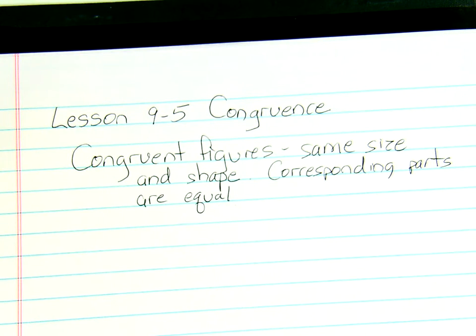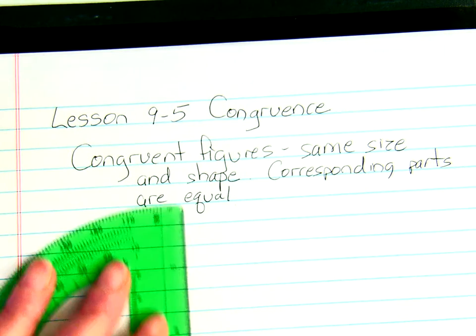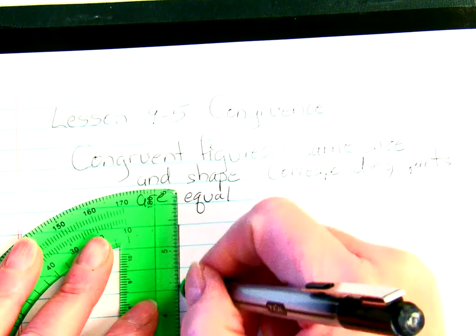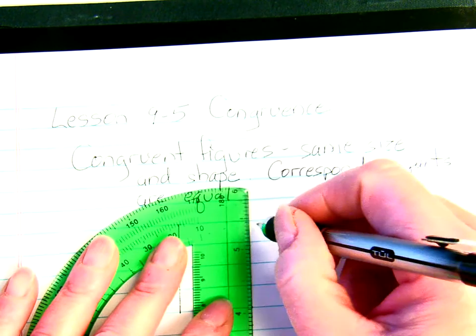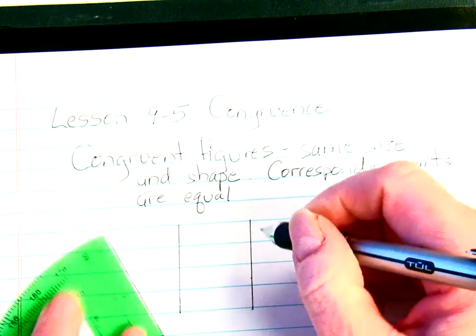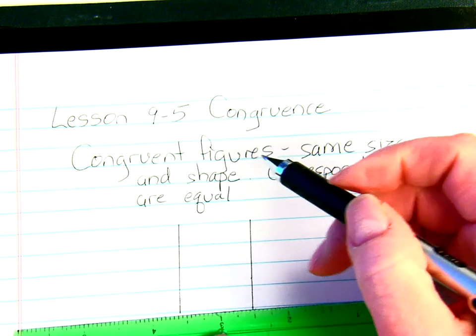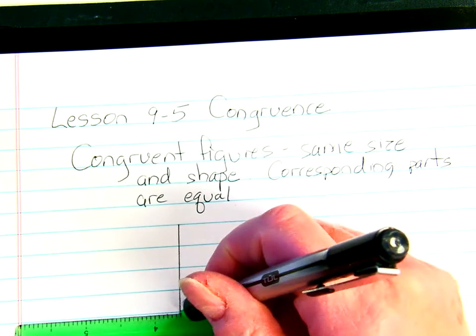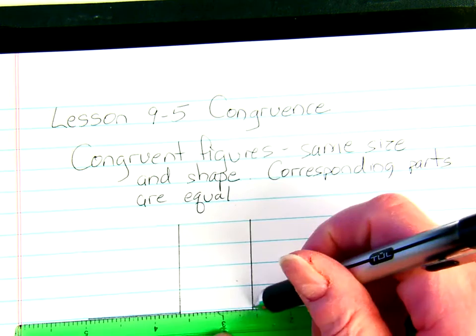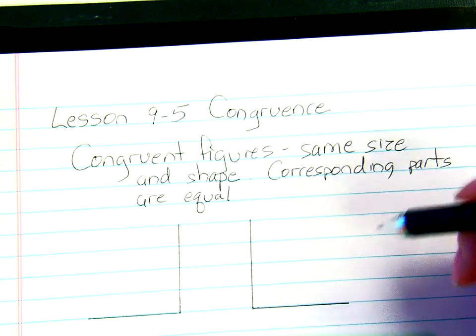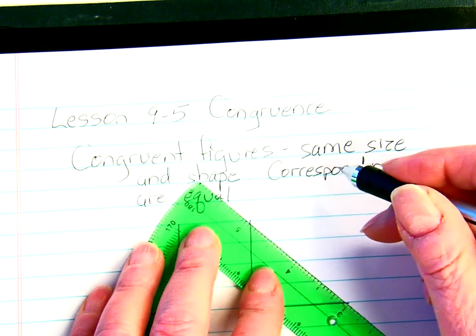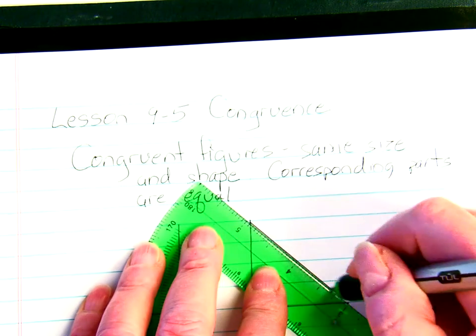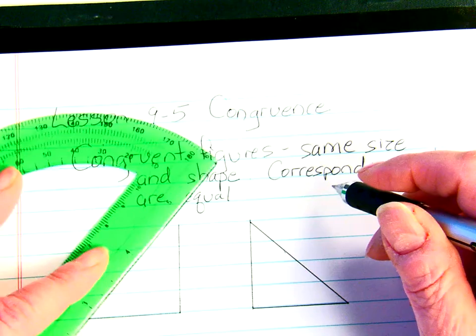So let's say we have two triangles, and I'm going to draw a couple of triangles here, giving ourselves some base. These are going to be congruent triangles.